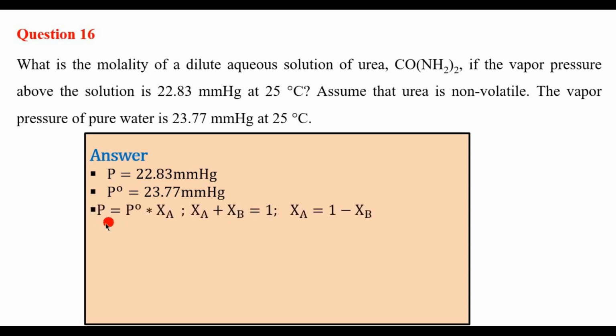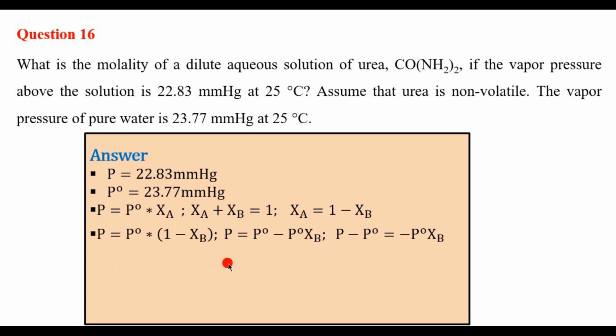And we know that the vapor pressure of the solution is equal to the vapor pressure of the pure solvent times the mole fraction of the pure solvent. And we also know that if you add the mole fraction of the pure solvent plus the mole fraction of the solid, you get 1. That means the mole fraction of the pure solvent is equal to 1 minus the mole fraction of the solid.